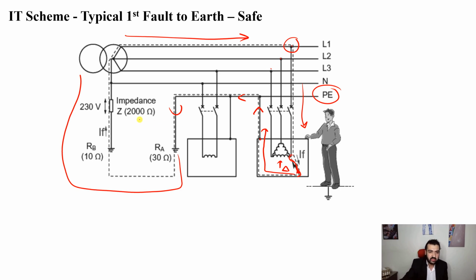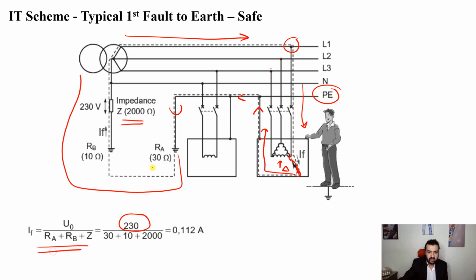Now we have an IT system, we have large impedance here. So if you would like to find the fault current, it will be V supply divided by total impedance, which is 30 ohm for this earthing system, 10 ohm for this earthing system, and the high impedance 2000 ohm, leading to 0.112 ampere.